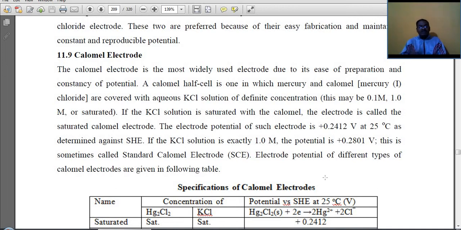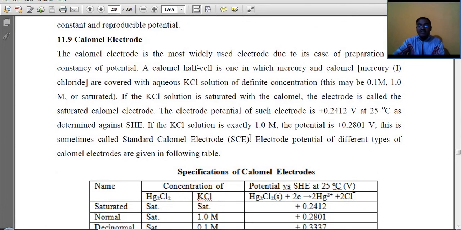If the potassium chloride solution is saturated with calomel, the electrode is called the saturated calomel electrode. The electrode potential is determined against the standard hydrogen electrode. If the KCl solution is exactly 1 molar, the potential is 0.2801 volt. This is sometimes called the standard calomel electrode. Electrode potentials of different types of calomel electrodes are given in the following table.